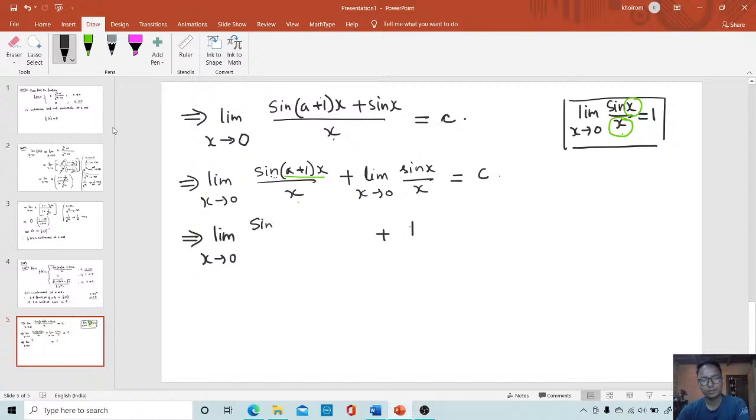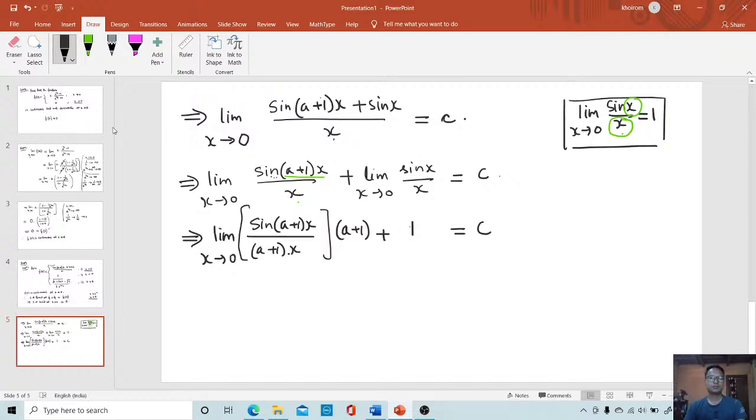So what we are going to do is multiply by a plus 1 in the numerator and the denominator, so that this will cancel out.